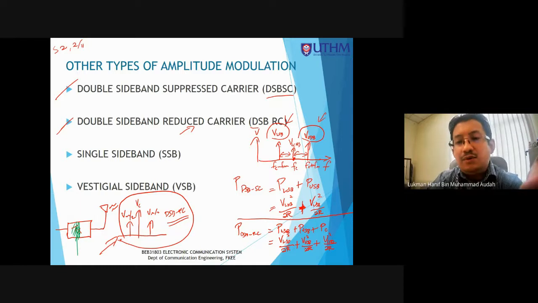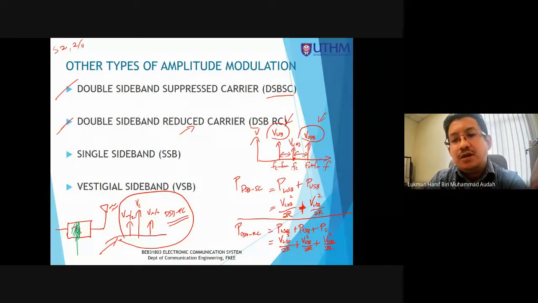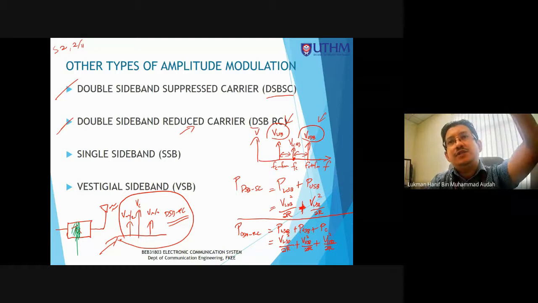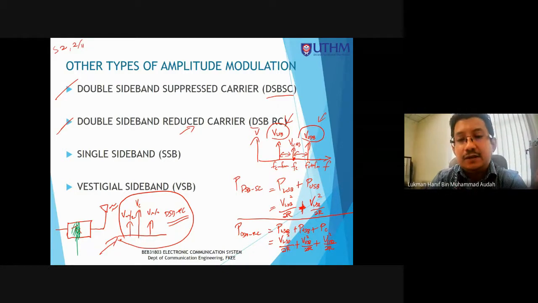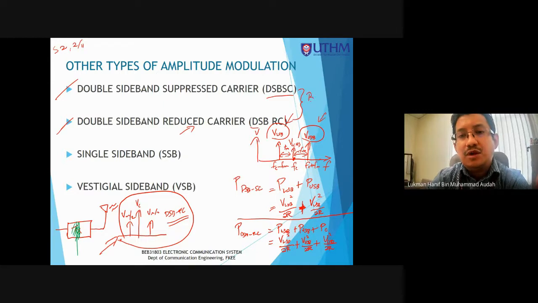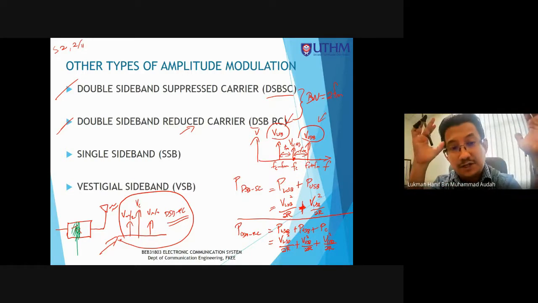And remember, when we want to calculate the bandwidth, we measure by subtracting the lowest frequency from the highest frequency. So you can see from here the distance would be 2FM. For both of these, the bandwidth is equal to 2FM. The bandwidth is still the same as double sideband full carrier.